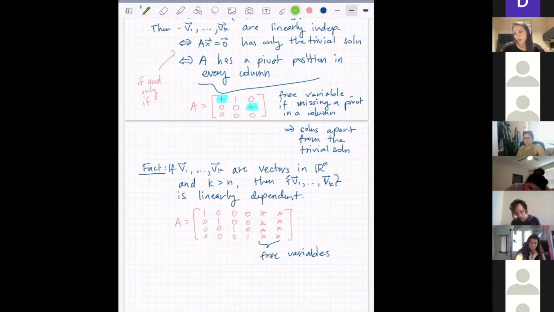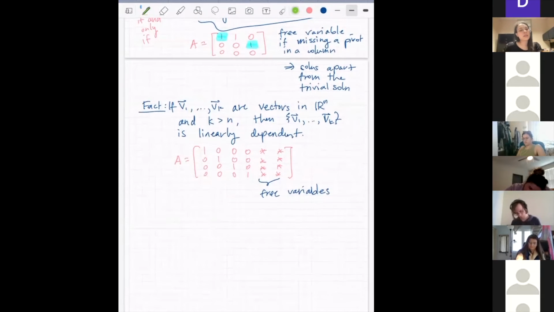Okay, so another way of thinking about this is that there's not enough room in your space for there to be k linearly independent vectors if you have k being larger than the dimension of your space. And if you're thinking about this in terms of span, that also makes sense.